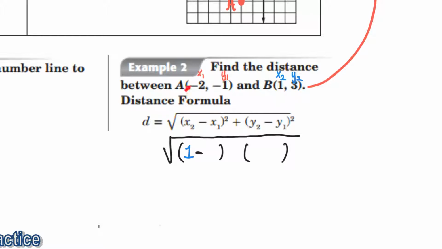Right here is -2. Okay, all I'm doing is just plugging these numbers in here. Okay, what's my y2 value? 3. It's 3. Okay, minus -1.